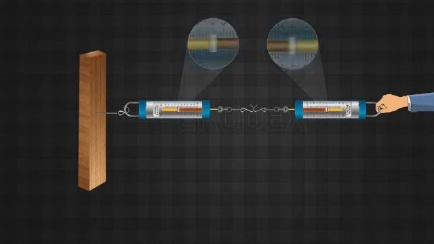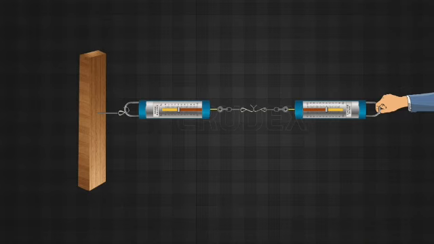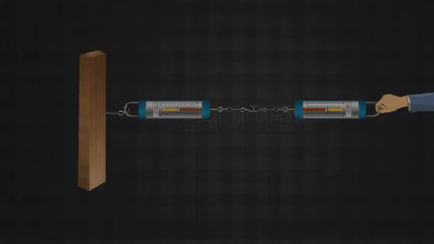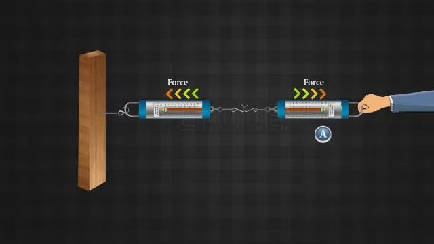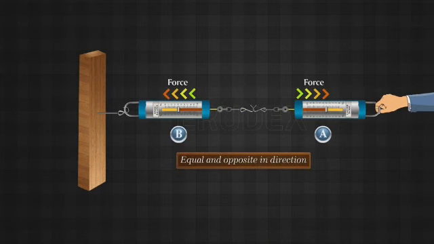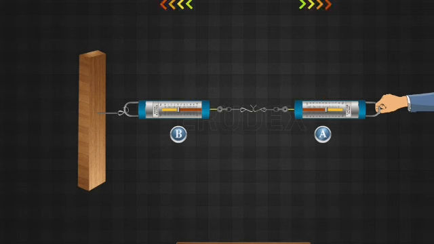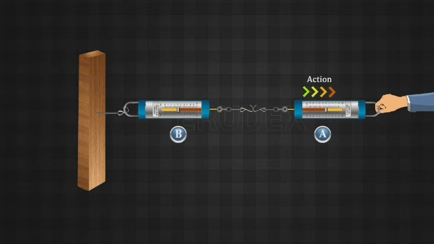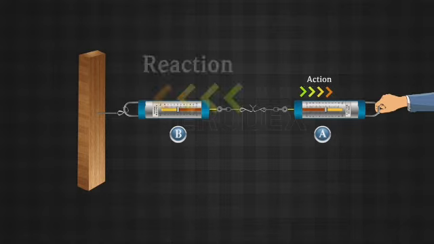This phenomenon reveals that the force exerted by balance A on balance B is equal and opposite in direction to that exerted by balance B on A. The force exerted by balance A on balance B is called action, while the force of balance B on balance A is reaction.